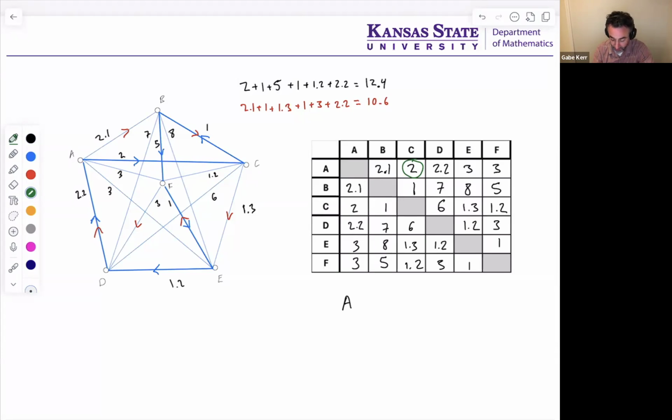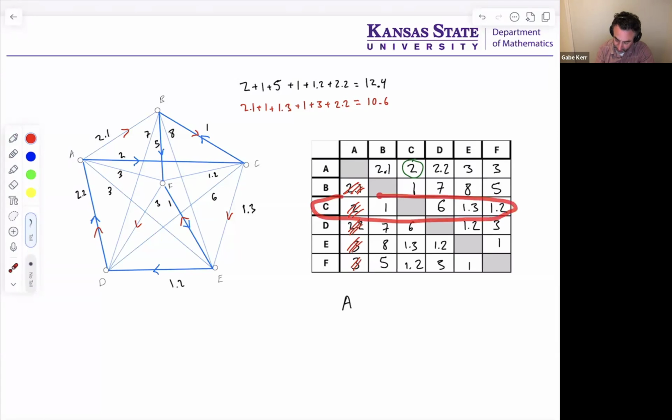But C is our next vertex. Since we're leaving A, we don't want to return to A until we're done, and then we'll return to A.